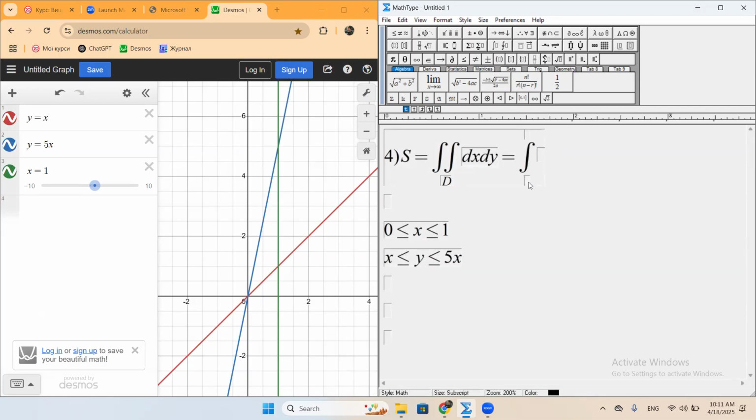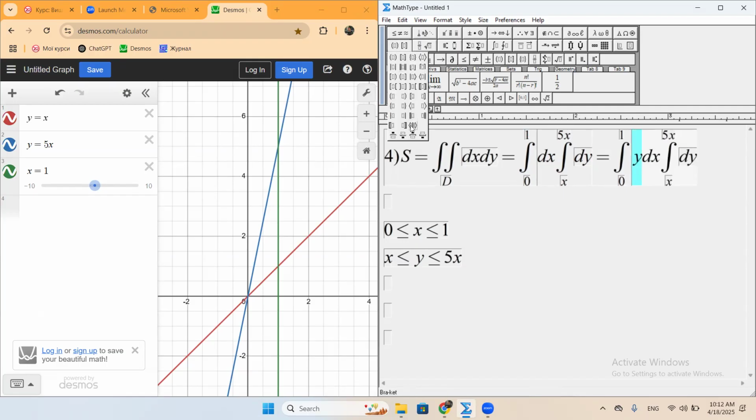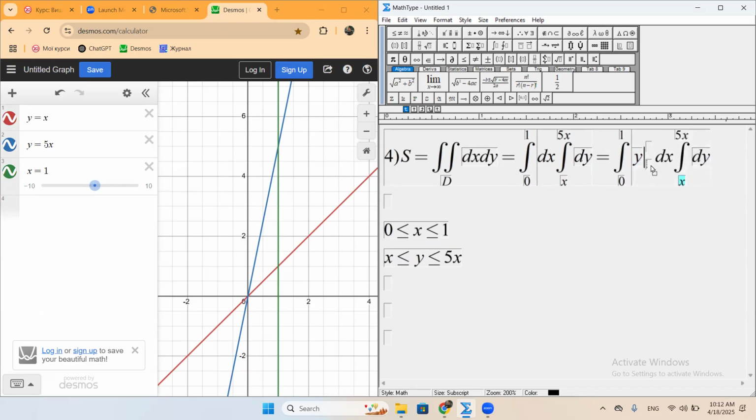So now let's set up the limits of integration. From 0 to 1 dx, and from x to 5x dy. Yeah, let's write in detail now. So we receive y with the substitutions from x to 5x.